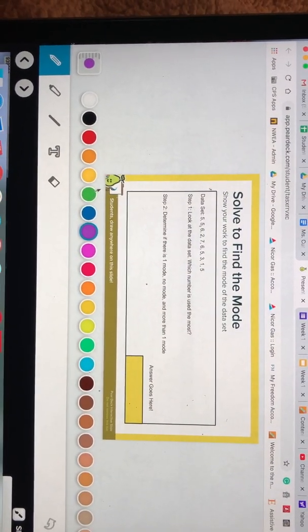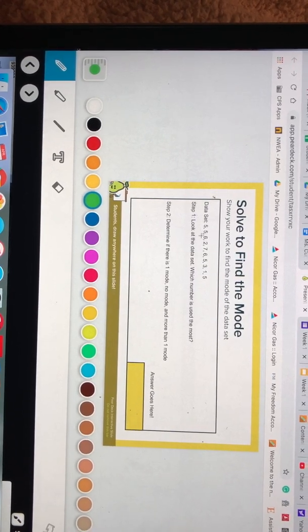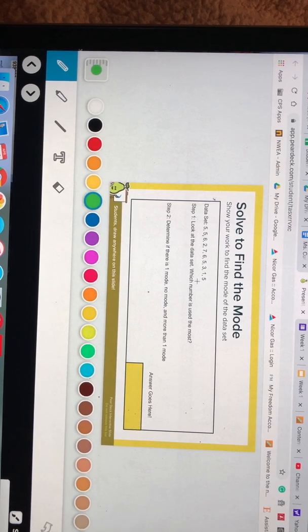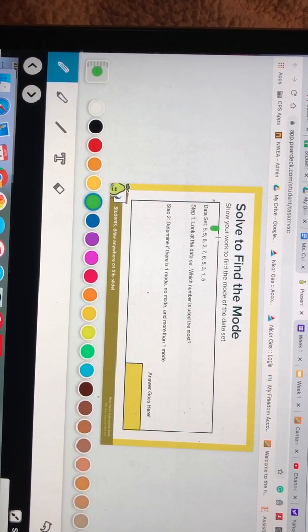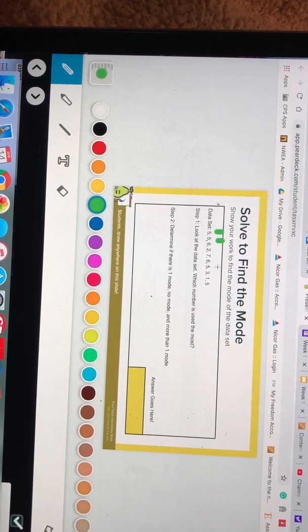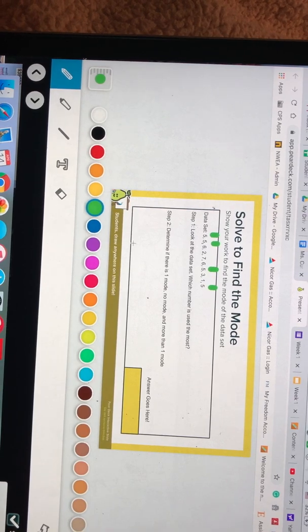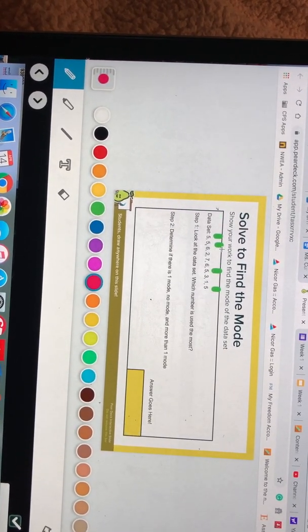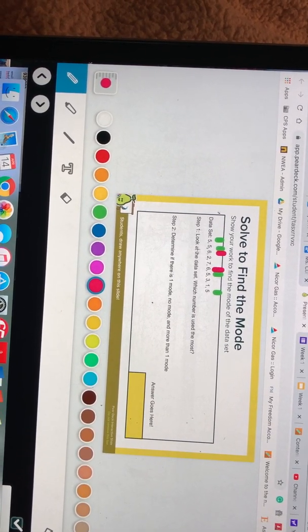Looking at our next example, our data set is 5, 5, 6, 2, 7, 6, 5, 3, 1, 5. So let's determine all the numbers that are used more than once. 5 is used more than once. I see 6 used more than once. And that's it.